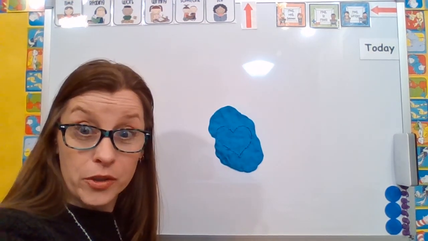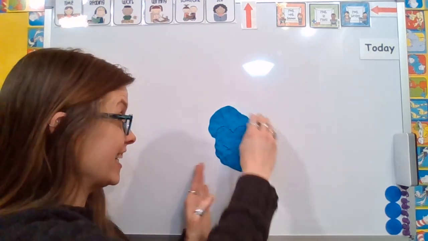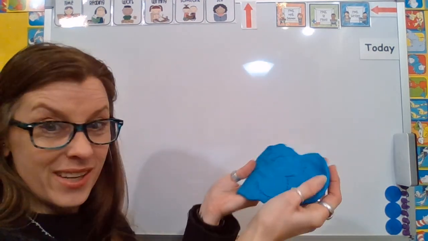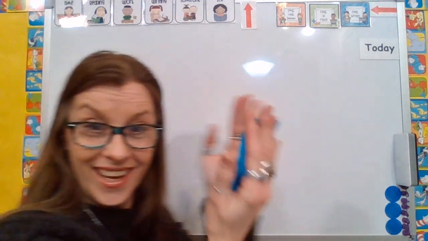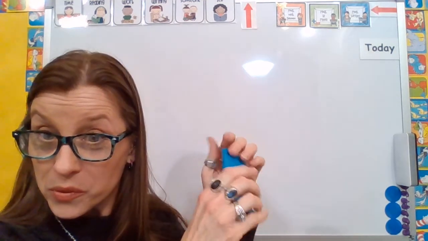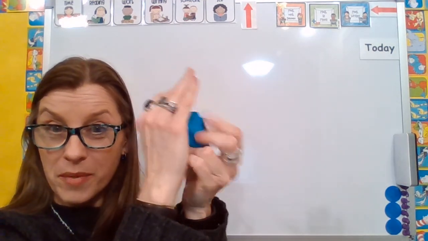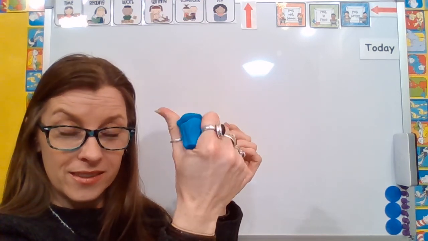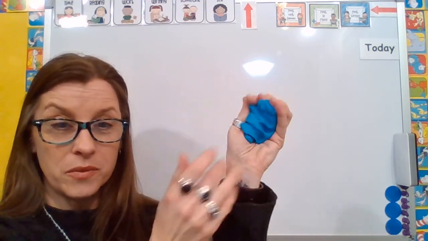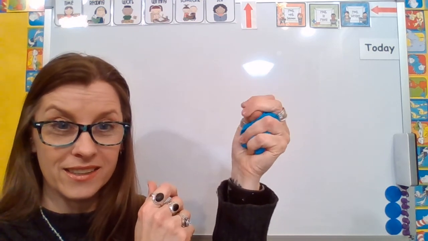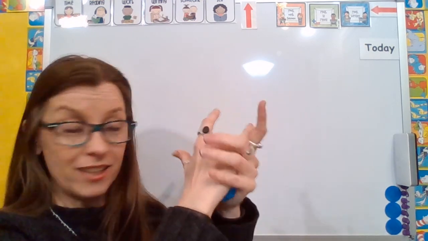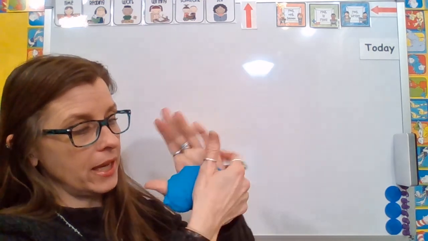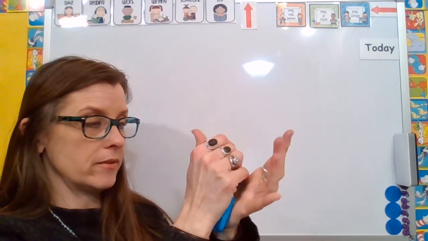You want to see how you erase your Play-Doh? Here I go. I'm going to take the Play-Doh and squish it back together. That's how we erase the picture. We squish it back together, squishing with one hand, squishing with the other hand. And now I'm going to flatten it out. I'm going to put it between my hands and squish it.